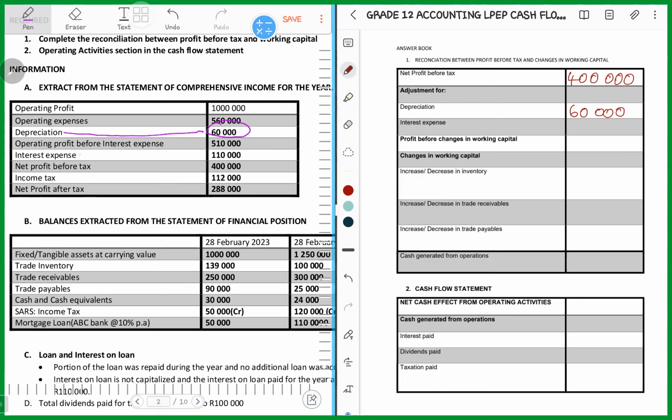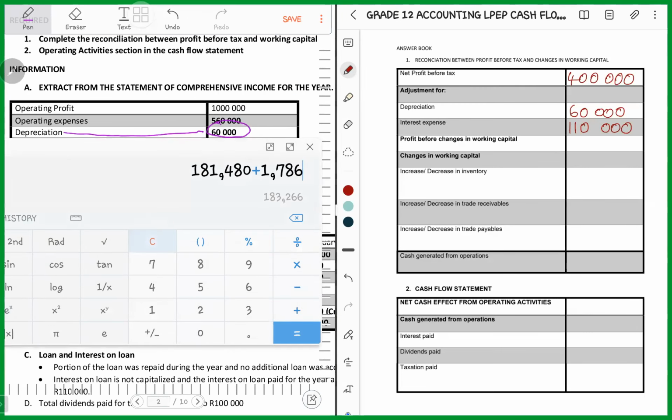The interest expense, it's 110,000 here. So we're going to say 110,000. Then after that, we have to find the total adjustment, meaning that we're going to add the depreciation and also the interest expense together. So it will be 60,000 plus 110,000. Then that gives us 170,000.